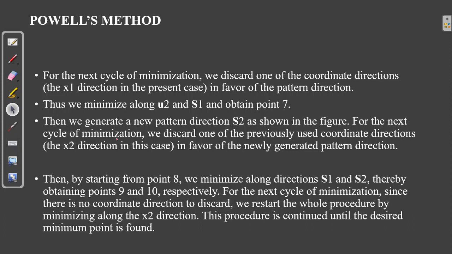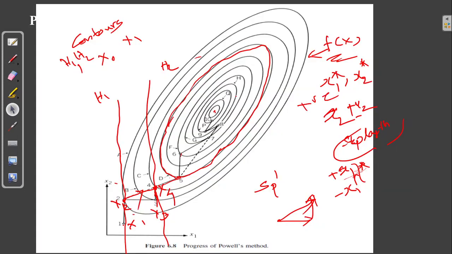That means now onwards, from point x5 onwards, we will discard the x1 direction, and we will have two directions, that is the x2 direction or u2 direction you can say, and another, the pattern direction sp1.